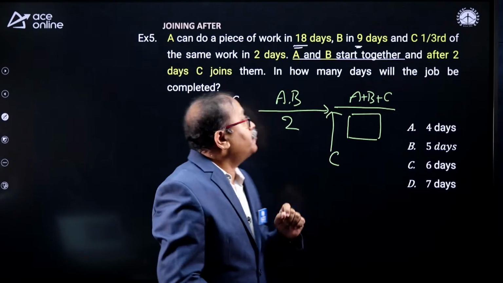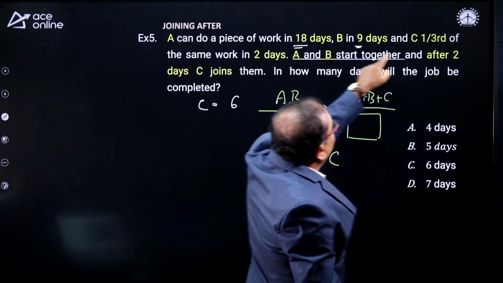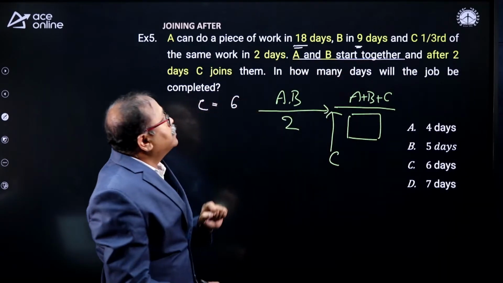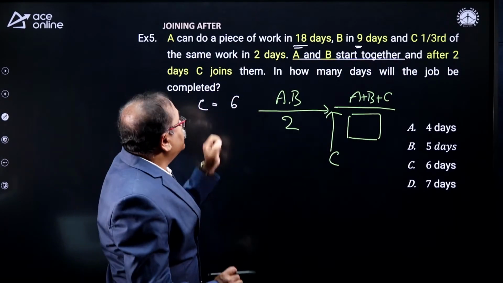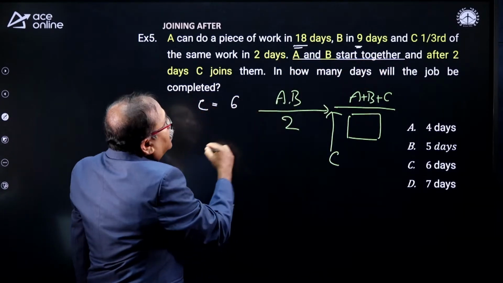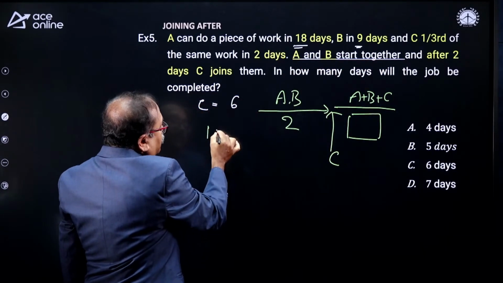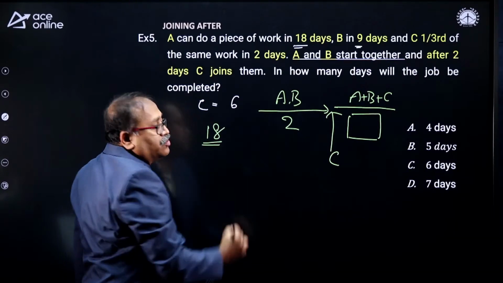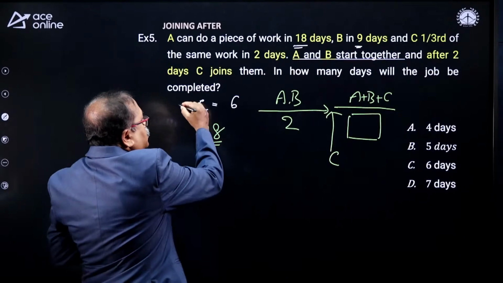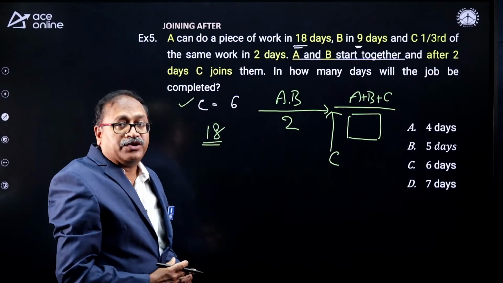That is the LCM of the number of days A takes, B takes, that is 18 and 9, and C takes, that is 6. So the LCM of 18, 9 and 6 is 18. So there are 18 units. This is my first step to answer the question.